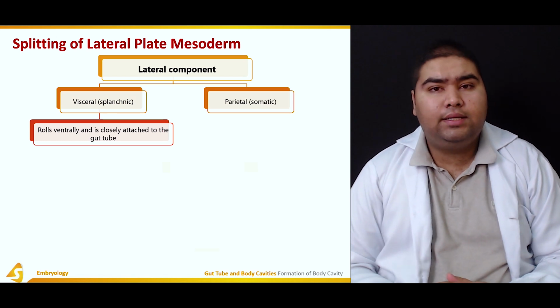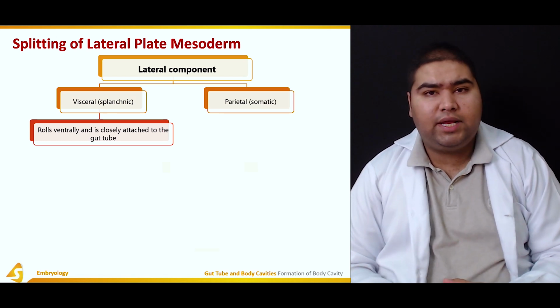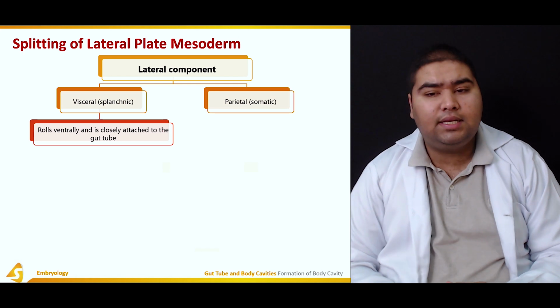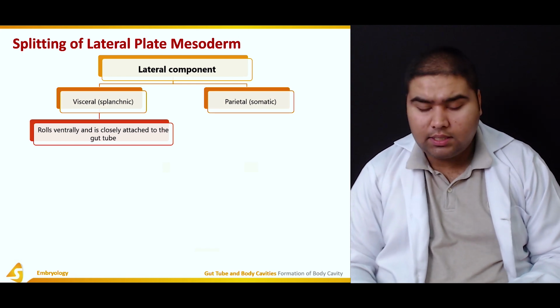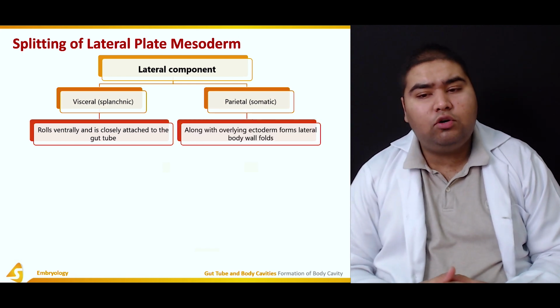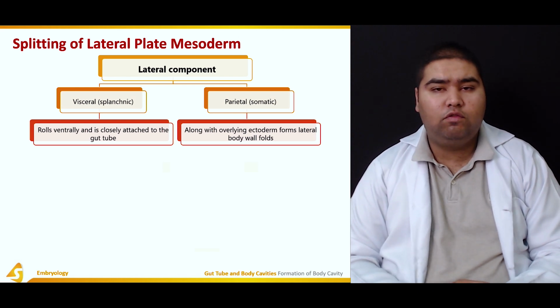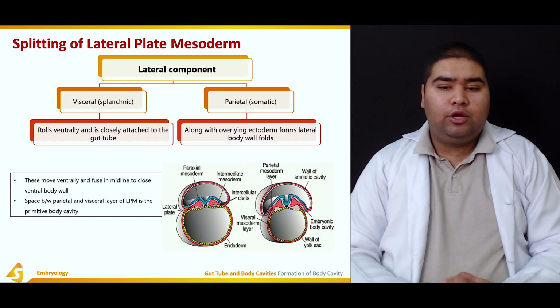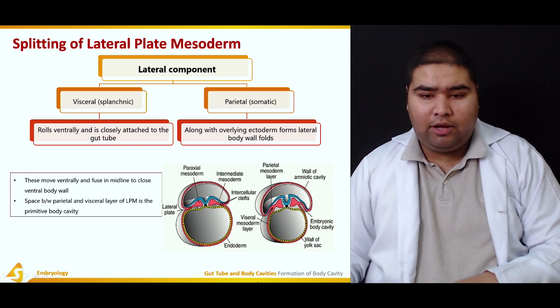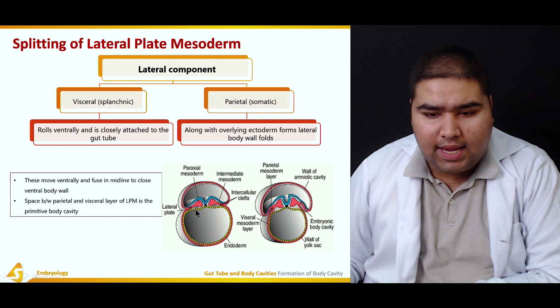So now the second part of the lateral plate mesoderm is the parietal or somatic component. It, along with the overlying ectoderm, forms the lateral body wall folds. So now in the figure we can see this is endoderm.